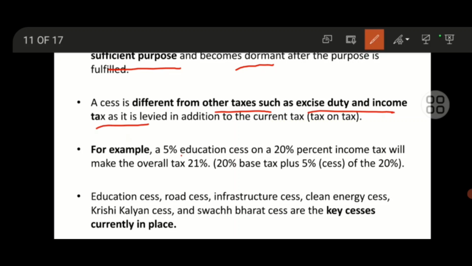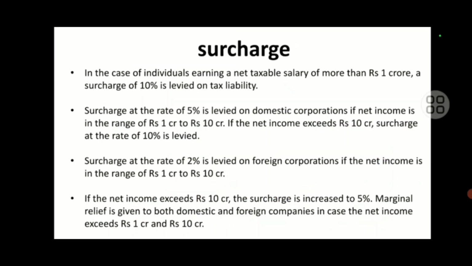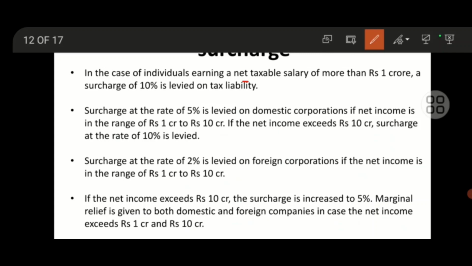For example, a 5% education cess and a 20% income tax will make the overall tax 21%. Education cess, road cess, infrastructure cess, clean energy cess, Krishi Kalyan cess and Swachh Bharat cess are the key cesses currently in place. Surcharge is also a tax on tax.